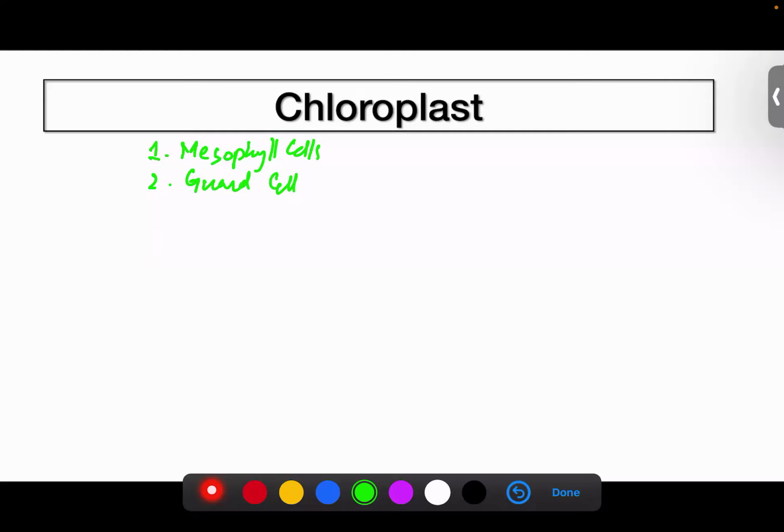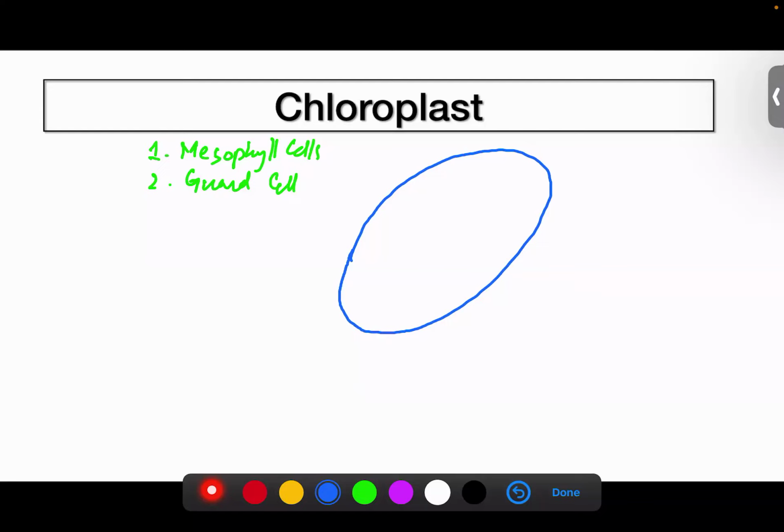Okay, these chloroplasts have different shapes in the different species of plants. The shape of chloroplast is sometimes used to identify the species of a plant. However, they may be disc shape or they may be an oval shape structures which have a diameter of around 4 micrometer. So let's see.